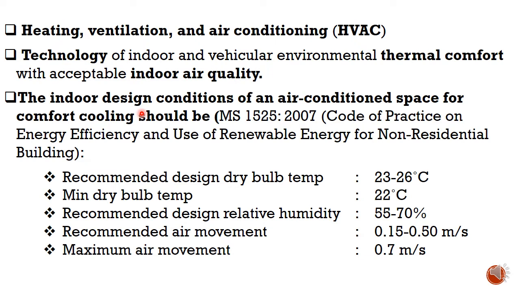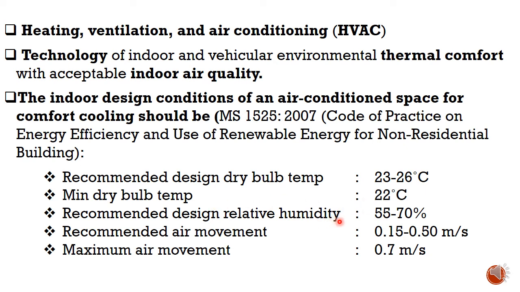There are many standards from ASHRAE and so on, but for Code of Practice on Energy Efficiency and Use of Renewable Energy for Non-Residential Building, we can use the standard of MS 1525 for year 2007. And according to this guideline, the recommended design dry bulb temperature is between 23 and 26 degrees Celsius, and the minimum dry bulb temperature is 22 degrees Celsius.